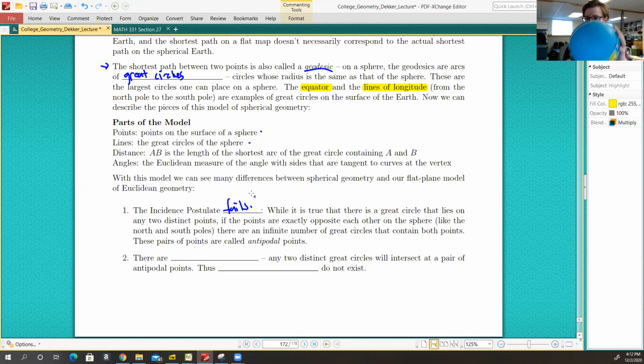In the case of a sphere, if we take 2 points which are on opposite sides of the circle, or if you think of the North Pole and South Pole, every line of longitude passes through the North Pole and South Pole.